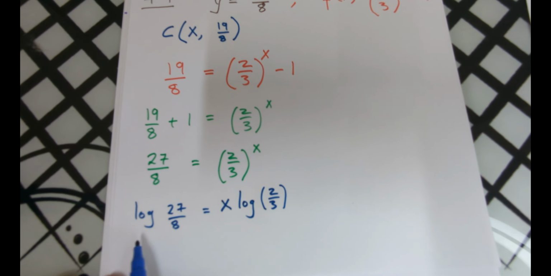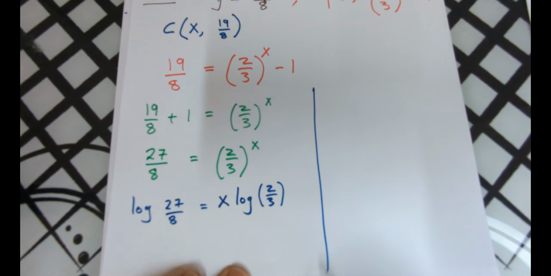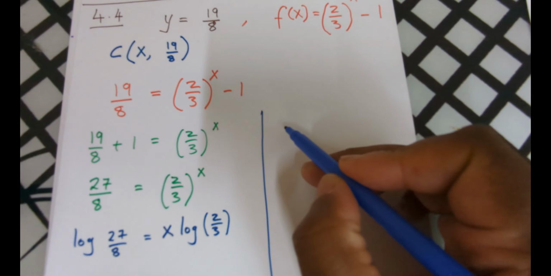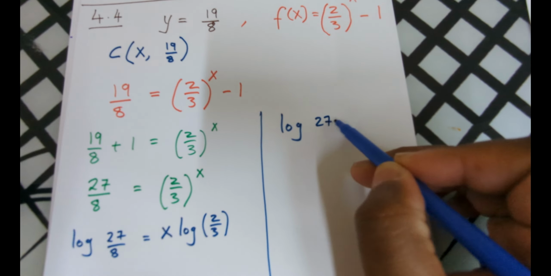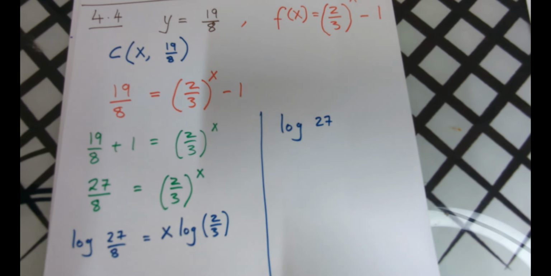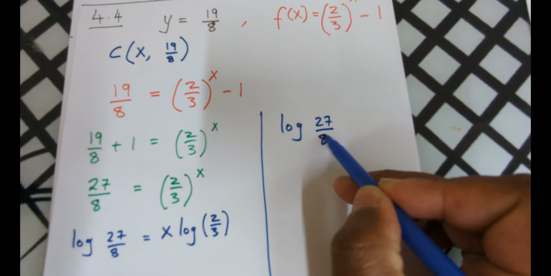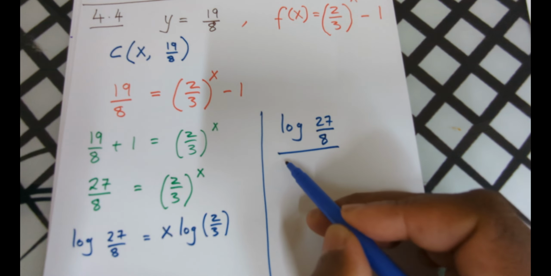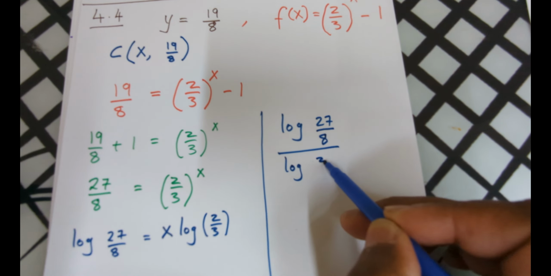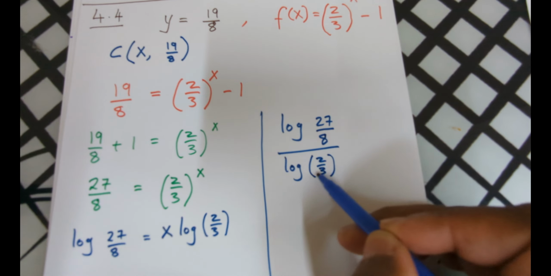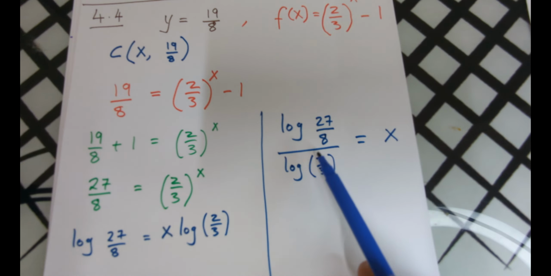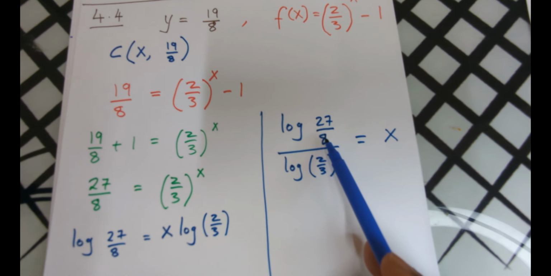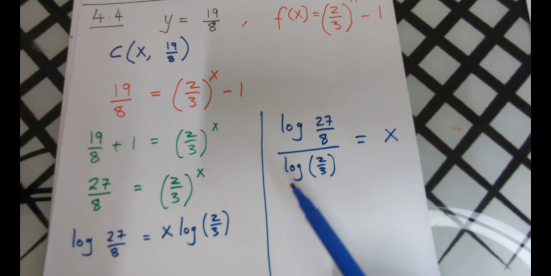Now dividing both sides by the logarithm of 2/3 will give us, on the left side, the logarithm of 27/8 divided by the logarithm of 2/3 being equal to x. And this can also be written as the logarithm of 27/8 with a base of 2/3.